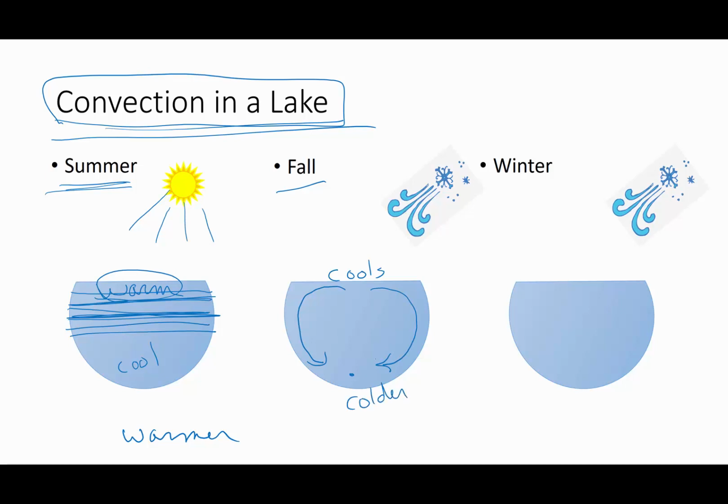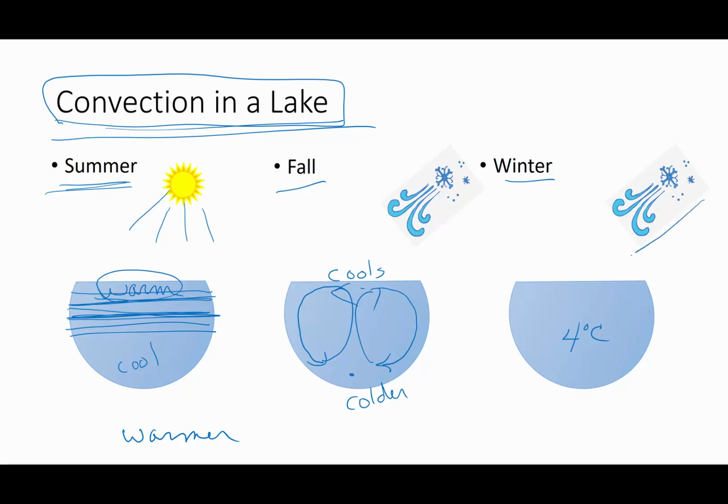And this is going to keep going until you have a complete mixing of all the water in that pond or lake. This occurs until everything in the entire pond or lake is 4 degrees Celsius. That is the temperature at which water is the most dense.